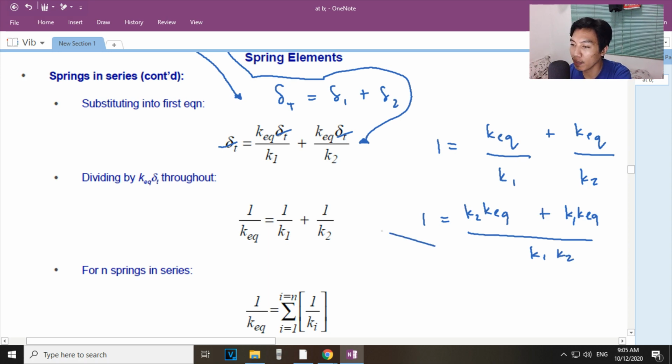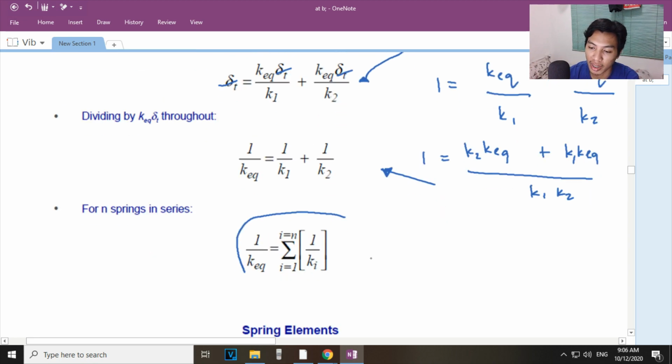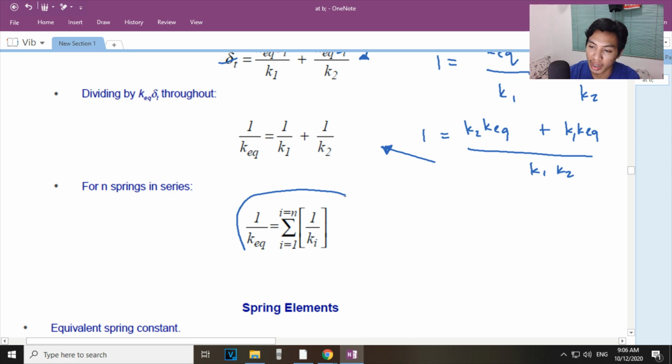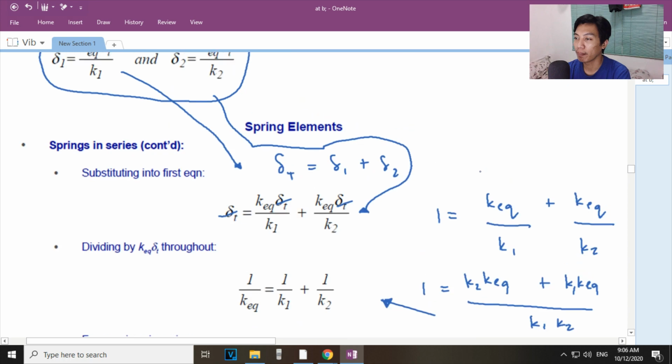So, we will arrive yung ganito na. Yan. Pag sinimplify. Now, for springs in series, isinimplify din niya yung summations. Okay? Ki, where i is the number of springs na meron ka dyan. Okay?